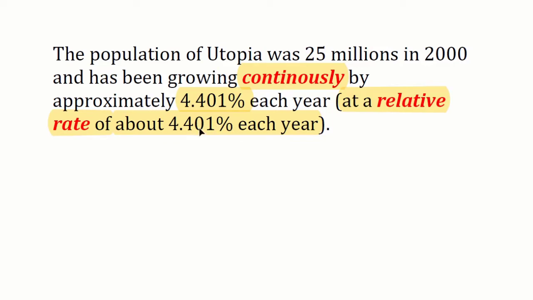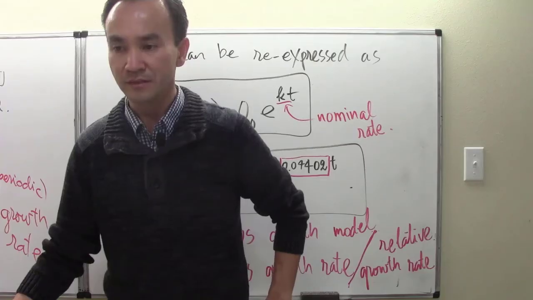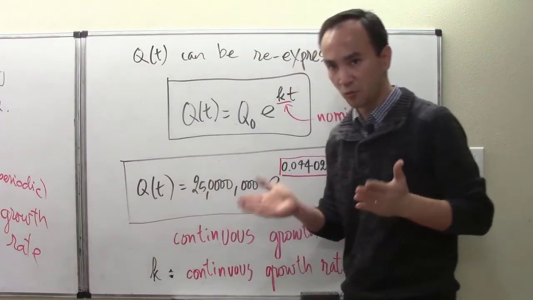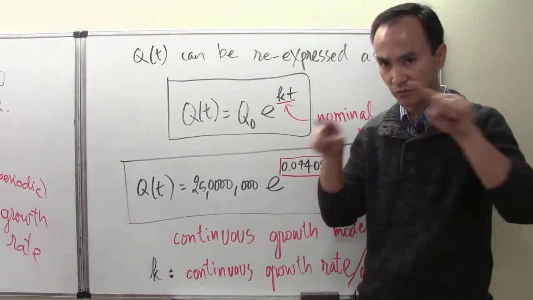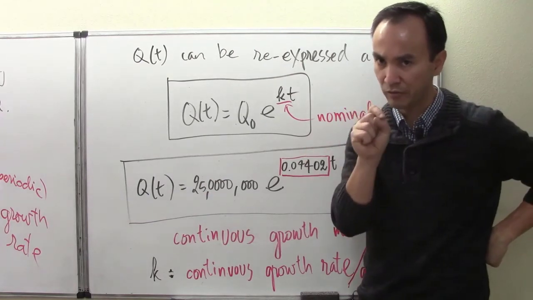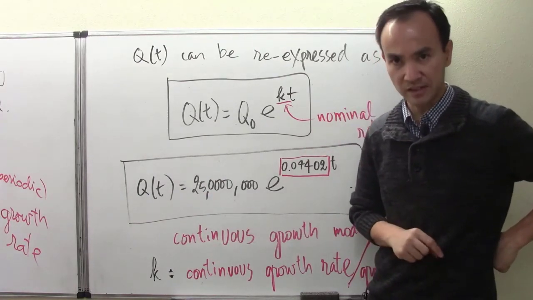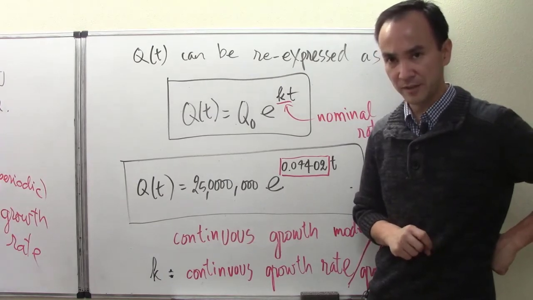Once again, forgive my typo. So one same description can be written in two different ways depending on how we recognize the rate. Okay.